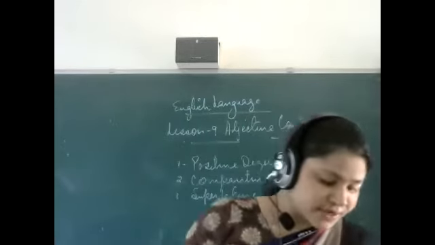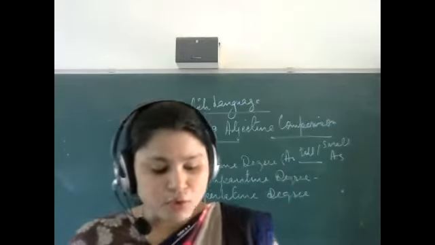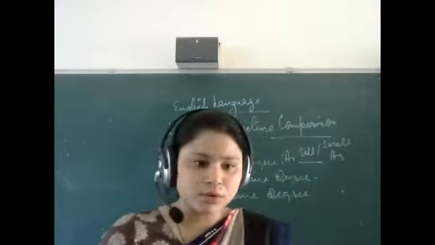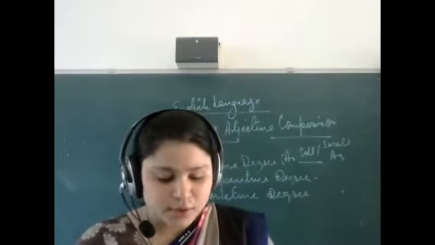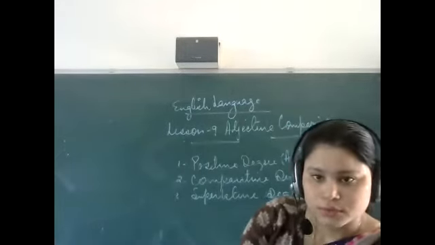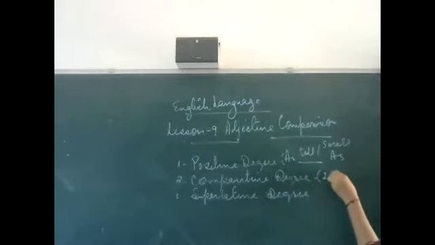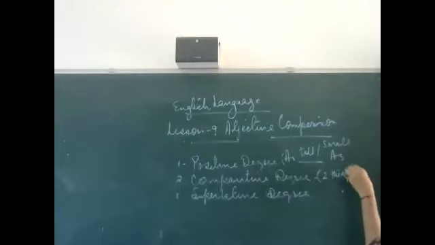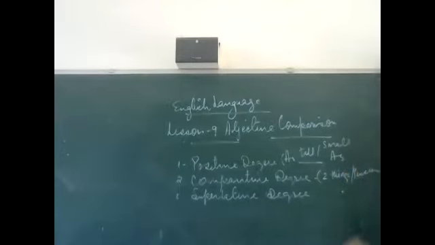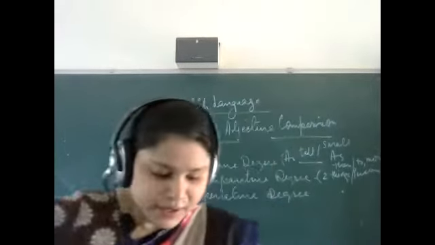When we have to do unequal comparison, we use comparative degree, between the quality and quantity of two things and two persons. What is used here? We use than. Sometimes we use to, and we use more. So these are the adjectives that we use in comparative degree.